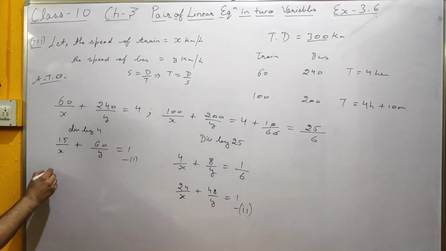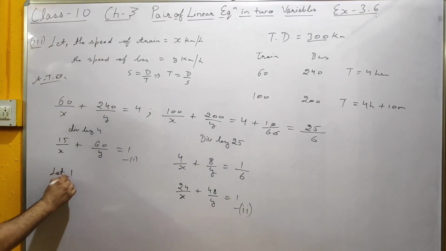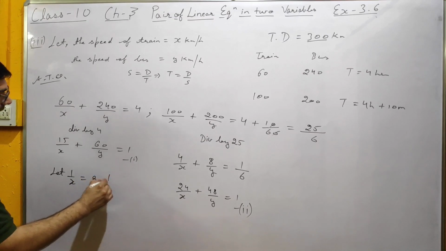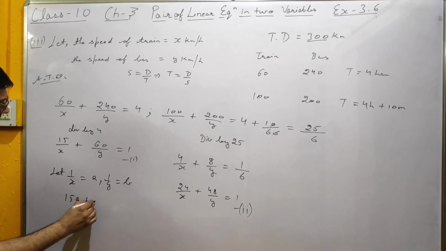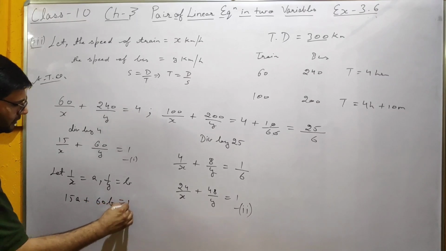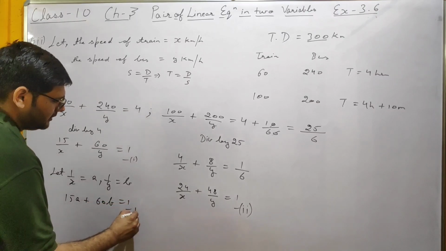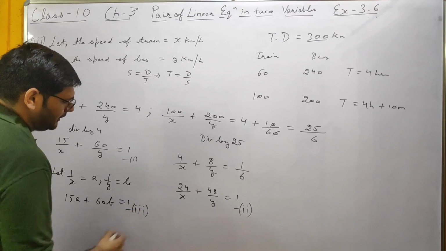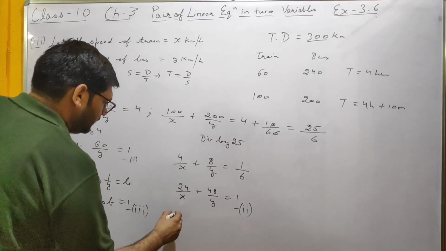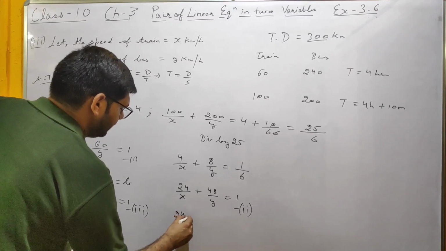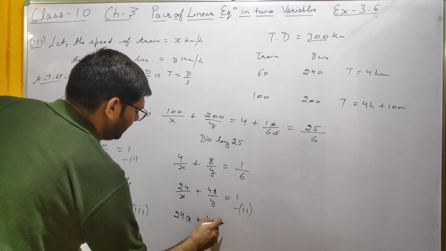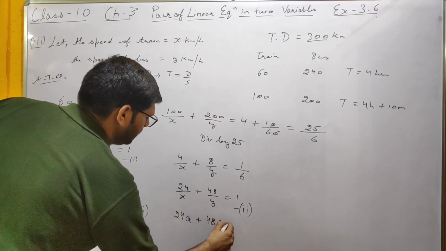Moreover, what we can write? We can say let 1 by x equal a and 1 by y equal b. Therefore the equations will be 15a plus 60b equals 1. This is our third equation. And then the fourth equation will be 24a plus 48b equals 1.